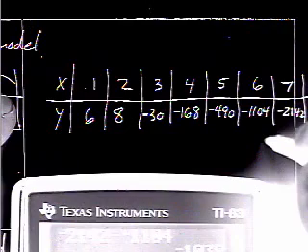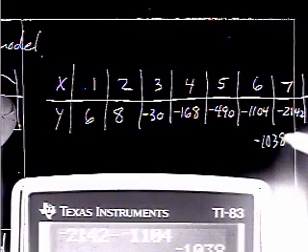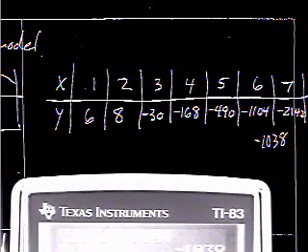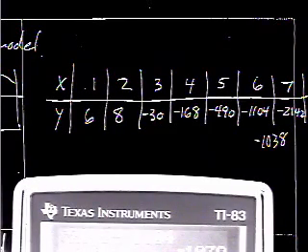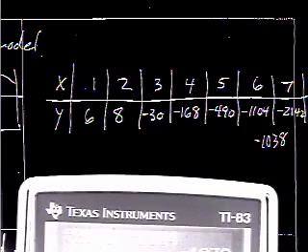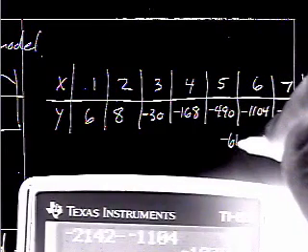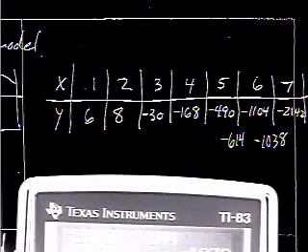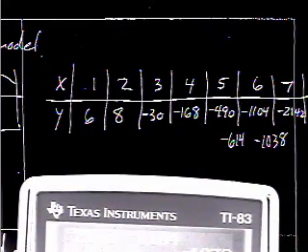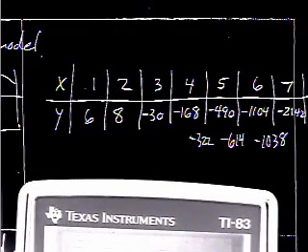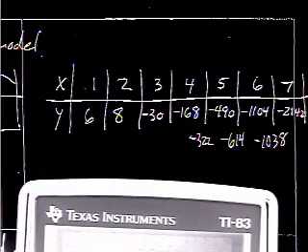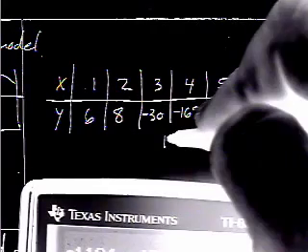So my first difference is negative 1038. Negative 1104 minus negative 490 is negative 614. Negative 490 minus negative 168, negative 322.